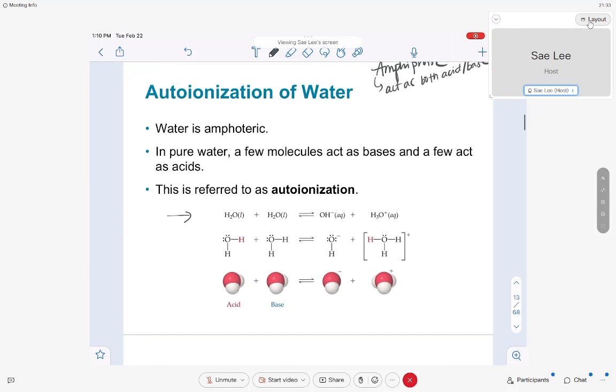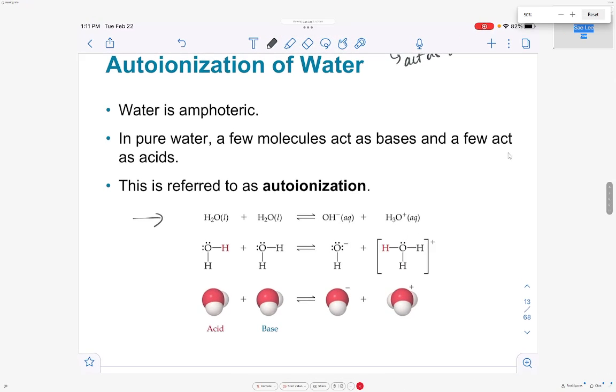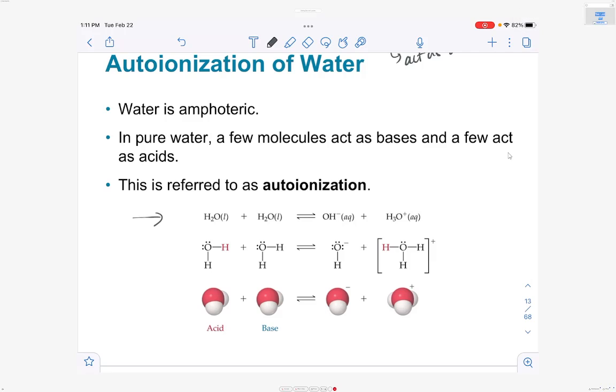That's what you're seeing over here. Between the water molecules, there can be proton exchange. The reaction between these two water molecules producing two ionic species is called autoionization of water.